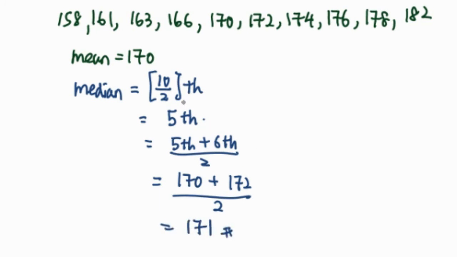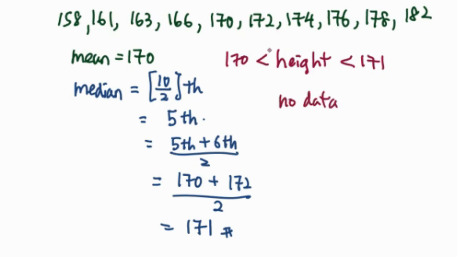So bear in mind, your median concept in SPM cannot be used because our syllabus here is using percentile concept. So now we are going to find the heights which are between 170 and 171. Notice that we don't have any data here which is between 170 and 171.